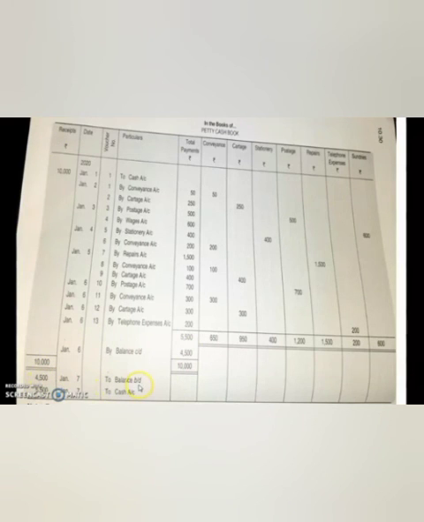To balance brought down. On the same date, January 7, to cash, again the head cashier appears and gives an amount of 5,500 to the petty cashier. So again the petty cashier receives, already he has 4,500, now he received 5,500 from the head cashier.